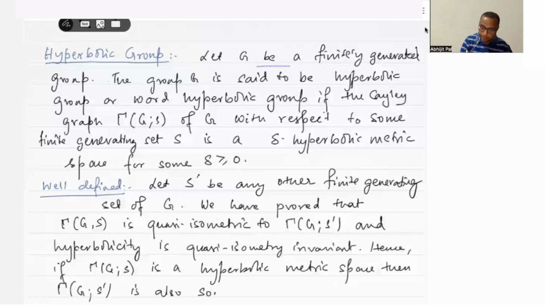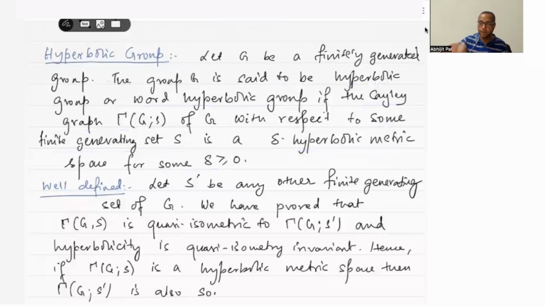Let G be a finitely generated group. The group G is said to be a hyperbolic group or word hyperbolic group if the Cayley graph of this group with respect to some finite generating set S is a delta hyperbolic metric space for some non-negative number delta.